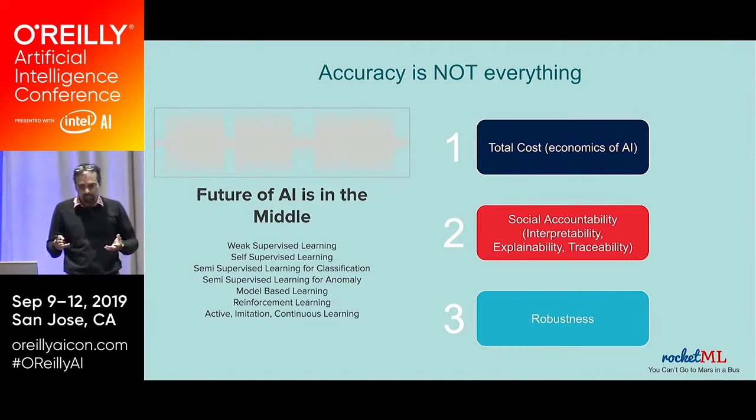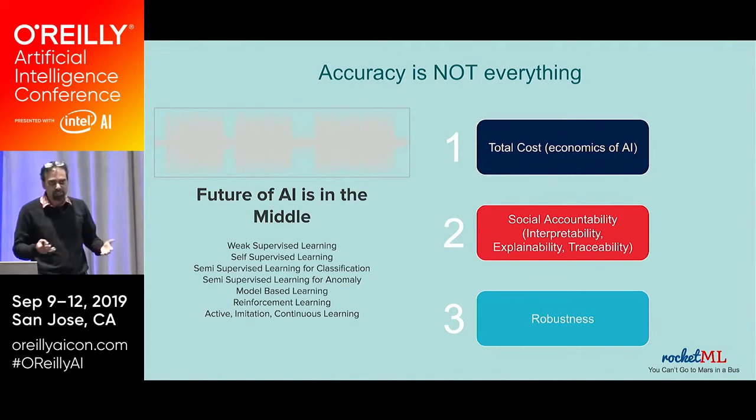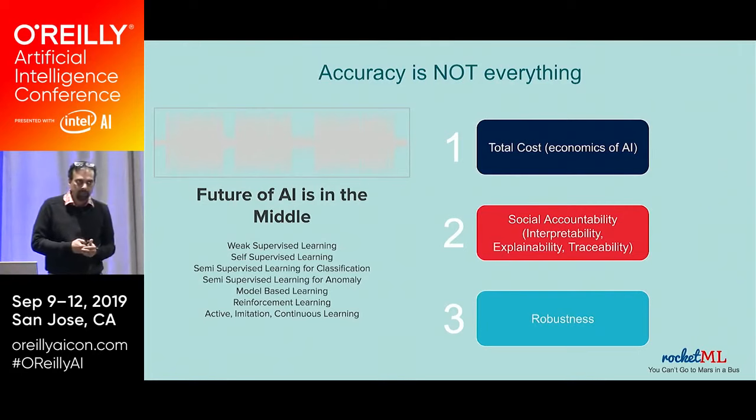That's the first metric, a very important metric. And in today's machine learning world, everybody's chasing accuracies. My point is that it's not everything. So let me illustrate that point with the next two metrics. The second metric, I call the social accountability metric. A lot of the time in the industry, people use the terms interpretability and explainability as a way to describe social accountability.